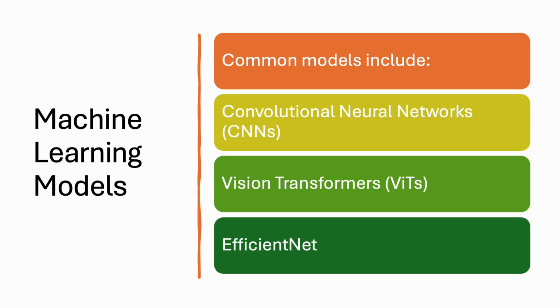Then there is another example, which is EfficientNet, a family of CNN architectures designed to balance accuracy and efficiency. EfficientNet scales network depth, width, and resolution together, making it highly performant with fewer parameters. So those are the three most commonly used image classification models.